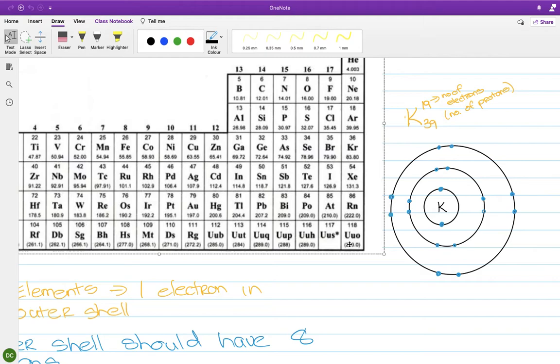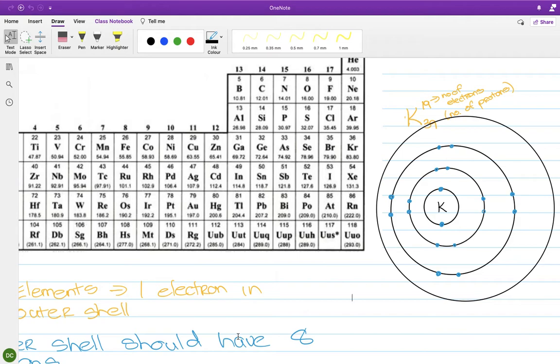Now that shell is full, but I have 1 electron left. So I'm going to need to go to another shell. I'll put it over here.